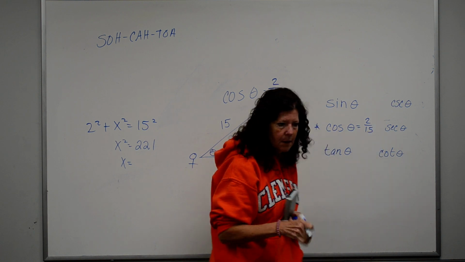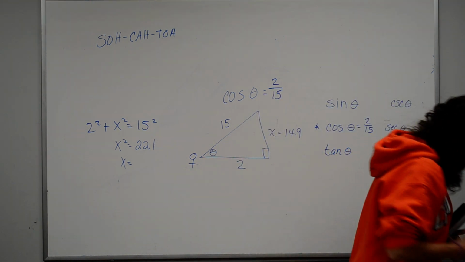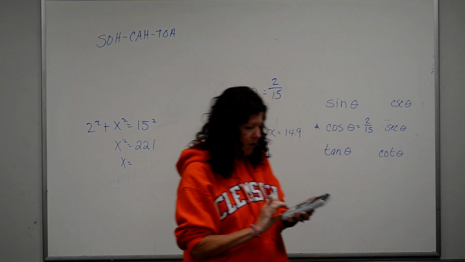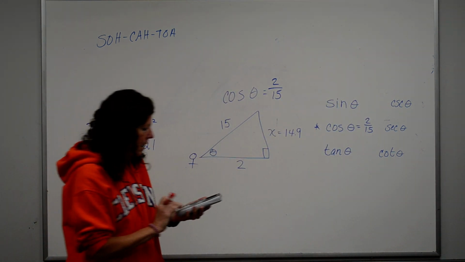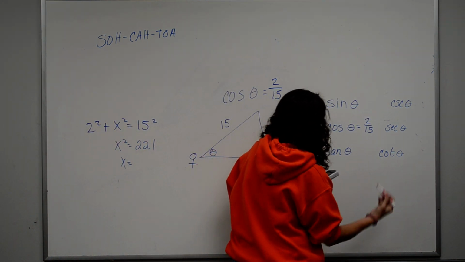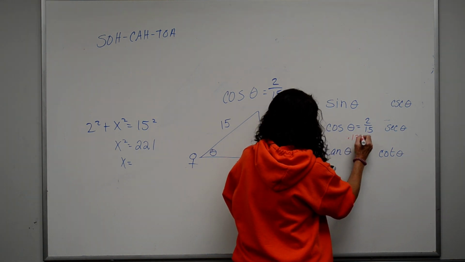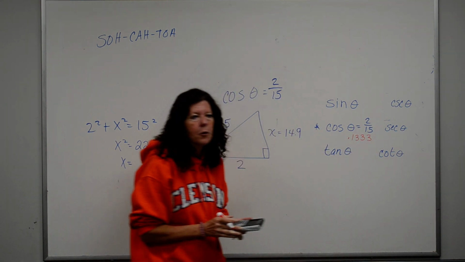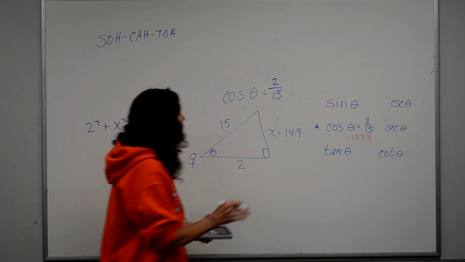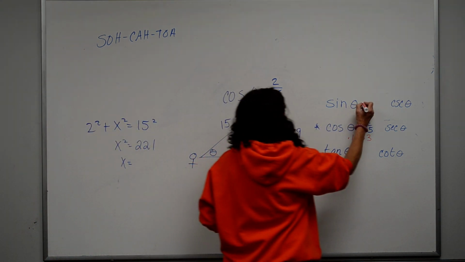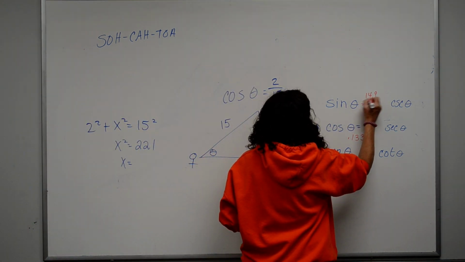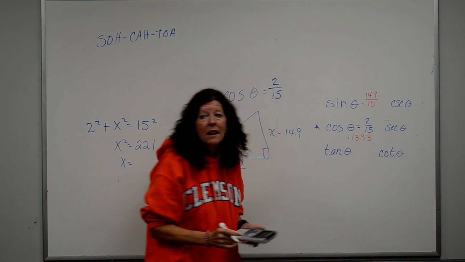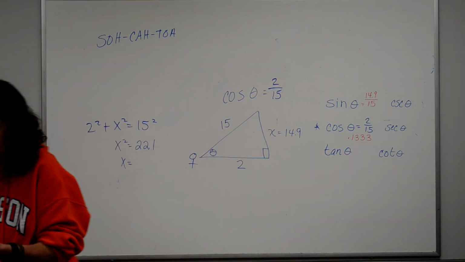Now, let me change colors so you can see it. I can make that into a decimal value. Just go 2 divided by 15, and I'm talking about 0.1333. That's rounded to 4 places after the decimal. All right, if I'm talking about sine, I'm talking about 14.9 over 15. But I cannot leave it like that because I can't have a decimal or fraction.